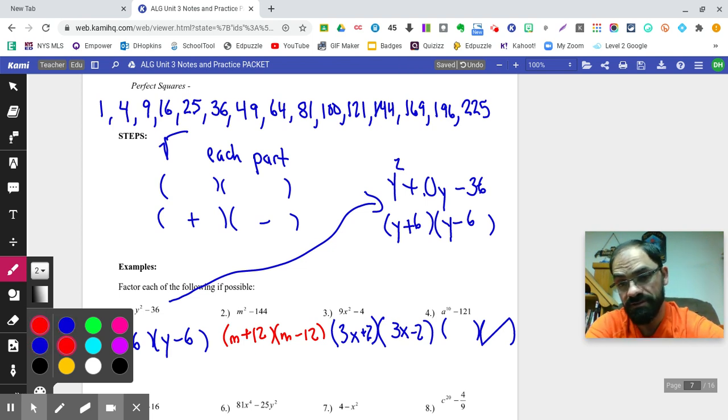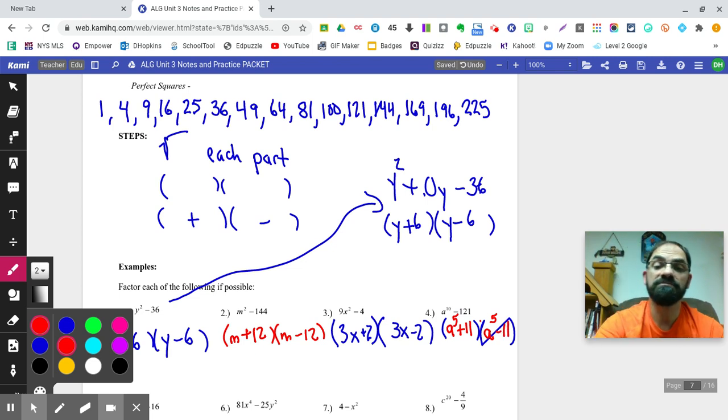Okay, let's try this again. So if I cut that 10 in half, a to the 5th times a to the 5th. Because when I multiply exponents with the same base, I add them. So 5 plus 5 would give me the 10. So the square root of 121 is 11. So I have plus 11 and minus 11.